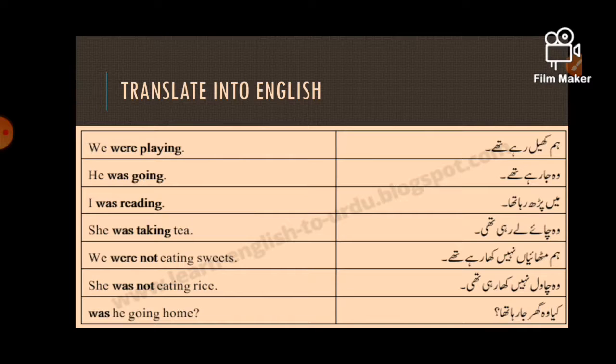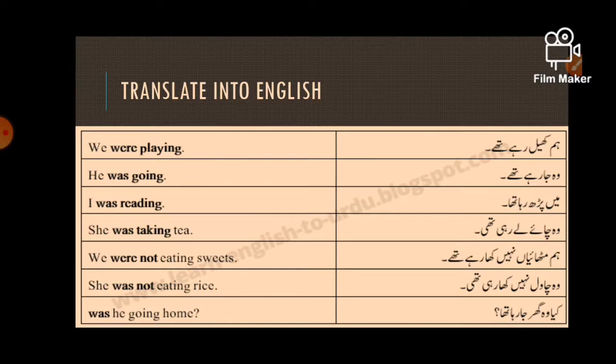If I say वो चावल नहीं खा रही थी जब मैंने उससे कहा, so how can we translate into English? She was not eating rice when I told her. I told her, this is a past indefinite sentence. So in past continuous, we can use two actions occurring at the same time.